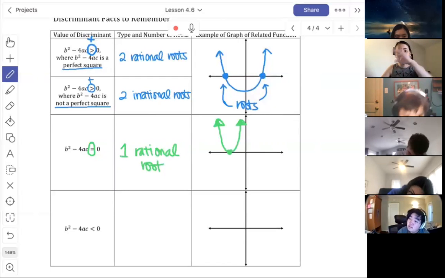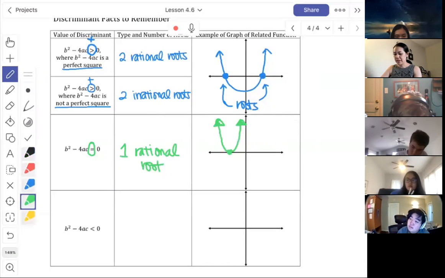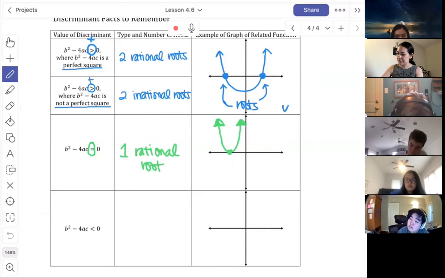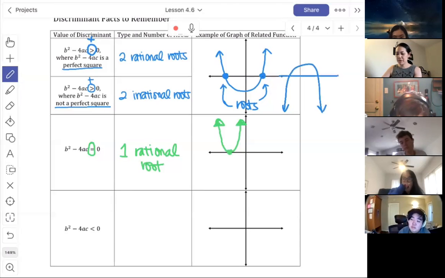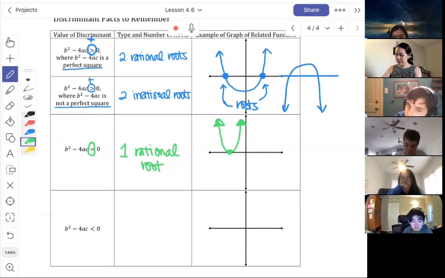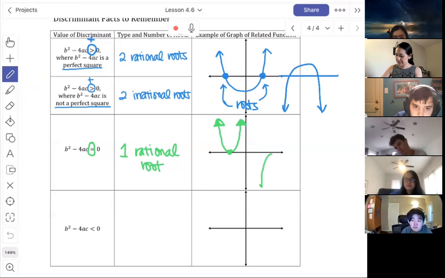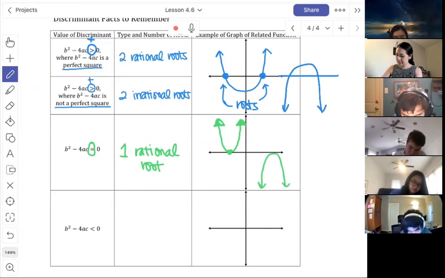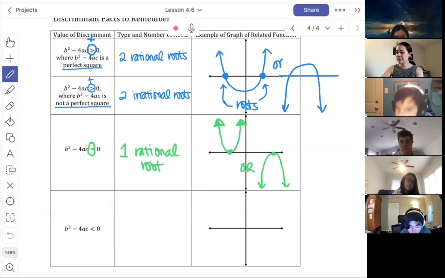By the way, all these parabolas can also face down, so it can do that too, or it could do this, where it hits it once. So it doesn't matter if it goes up or down. It's just how many times it hits the x-axis.